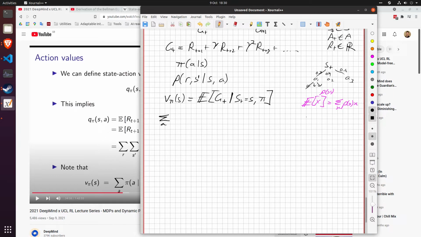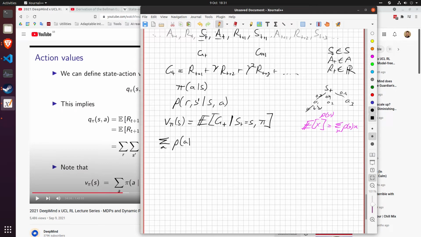And just like in this expansion here, we're going to look at the probability of the action, which we're summing over, given the policy, because this is the probability distribution we have to look at when we're considering what the action is going to be. So that's why this should be a pi, pi of a given s, right?